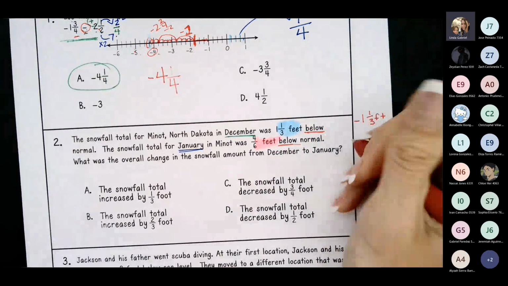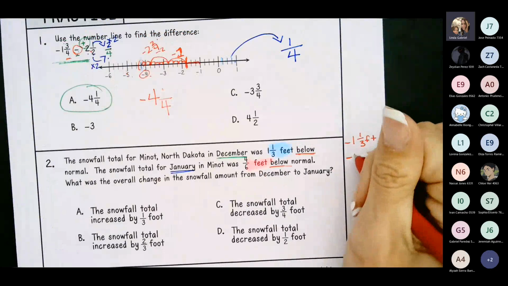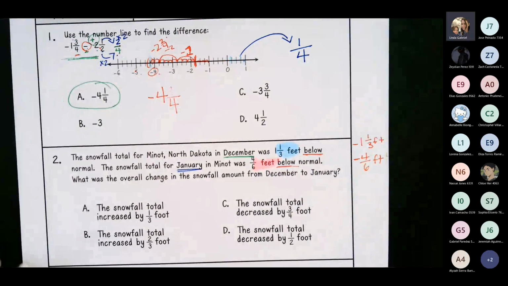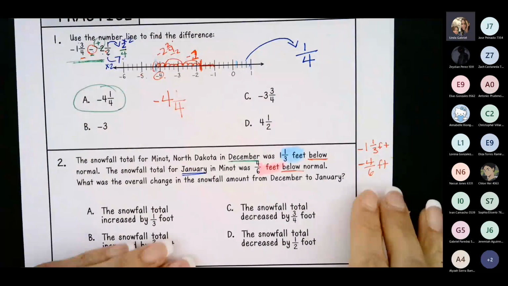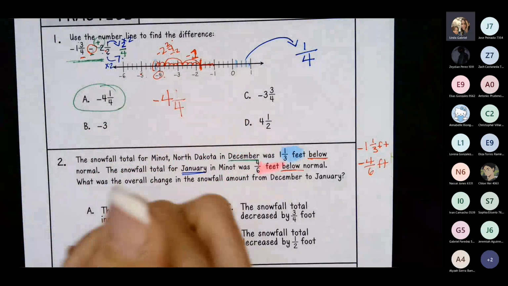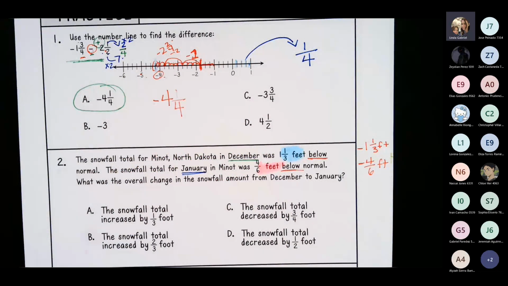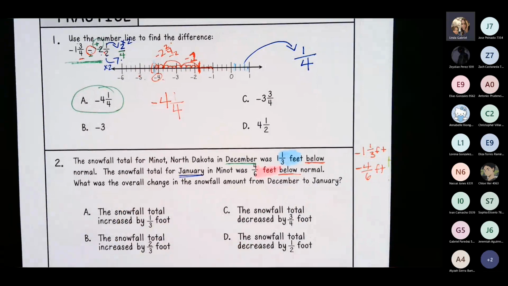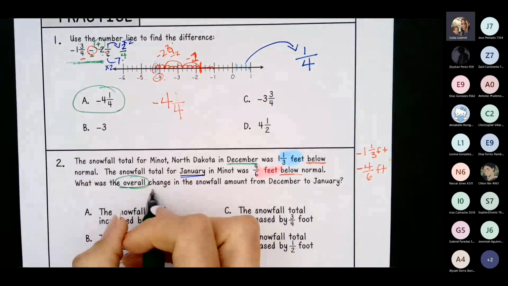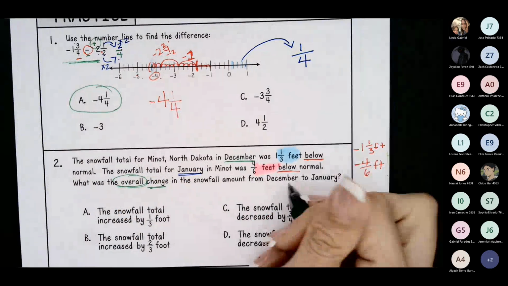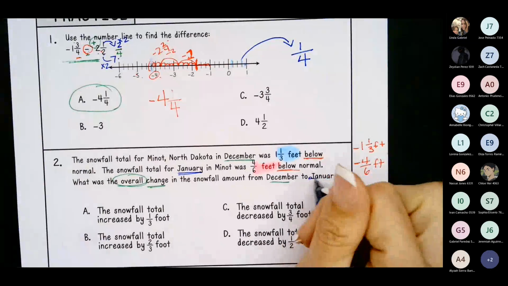So that means I had -4/6 of a foot of snow, right? Or I could say I had 4/6 of a foot of snow less than I usually would. Okay, so what was the overall change in snowfall amount from December to January?